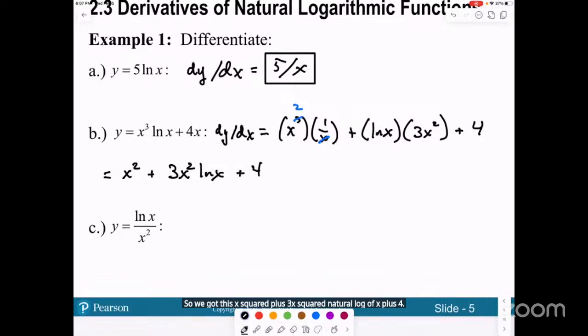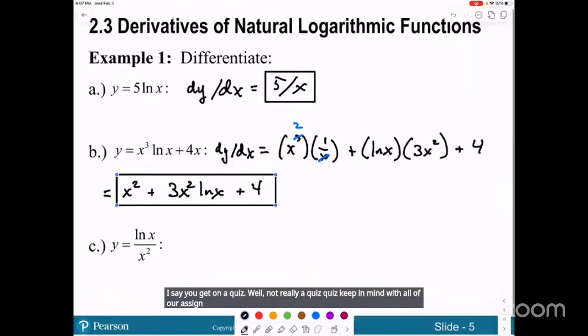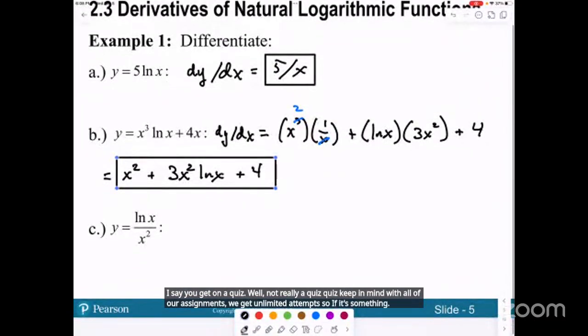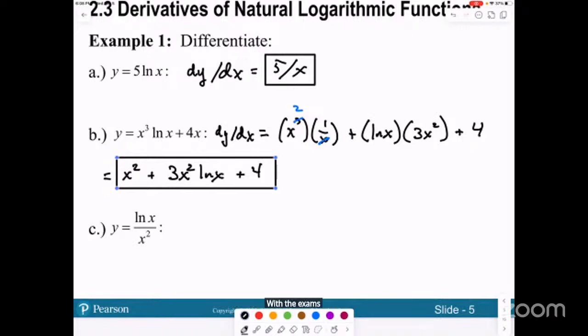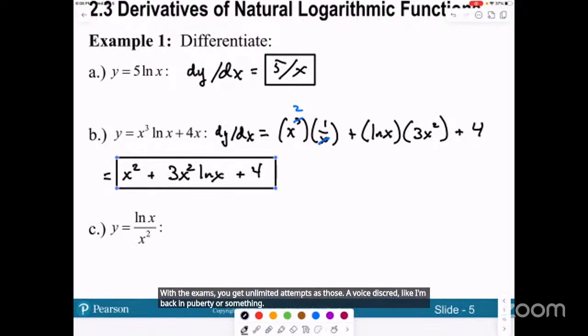Now say you get on a quiz, well, not really a quiz. Keep in mind with all of our assignments, we get unlimited attempts. Usually the quizzes have like 5 questions. If you get it wrong, you can take as many times as you like until you get whatever score you like. With exams, you still get unlimited attempts.